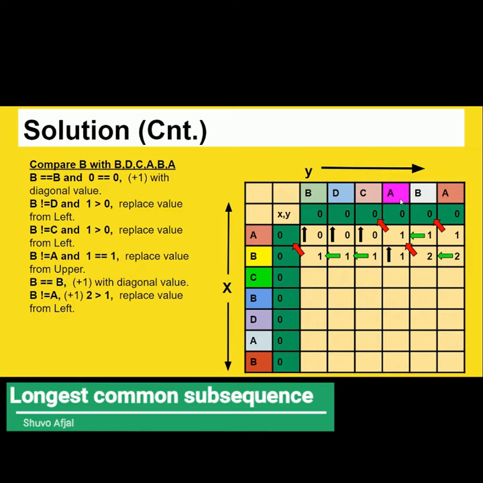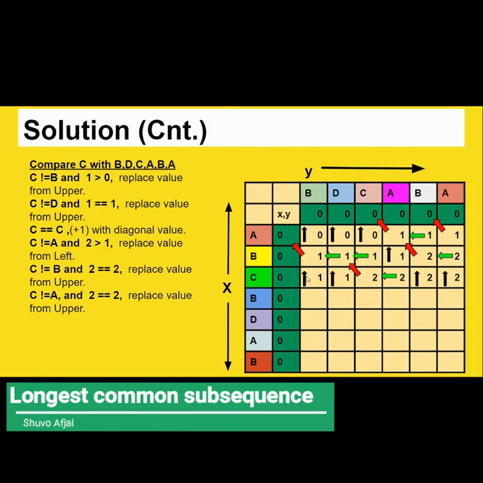Compare B and A, and 1 is equal, so in this procedure 1 comes from upper. Compare B and B. B and B are equal, so diagonally add 1. 1 plus 1 equals 2. B and A are not equal, so compare 2 and 1. 2 is greater than 1, so the 2 comes from left.